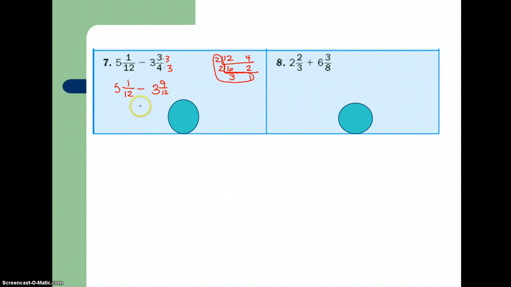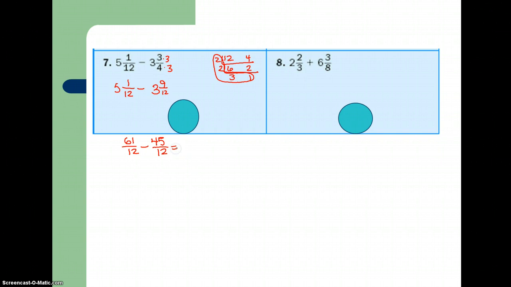Okay, this is when I would change it into an improper fraction. 12 times 5 is 60, plus 1 is 61. 3 times 12 is 36, plus 9 is 45.